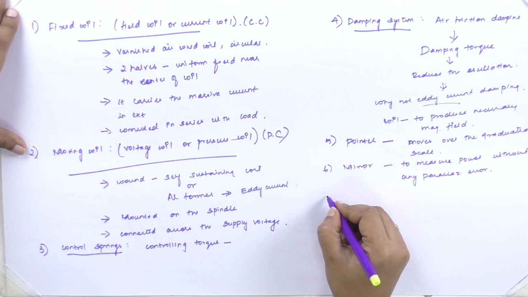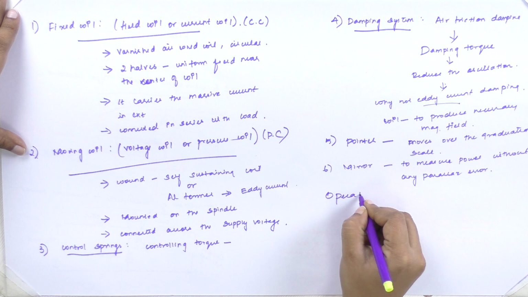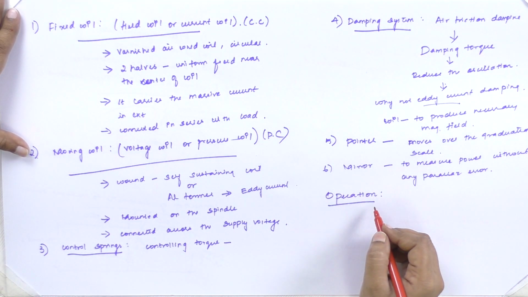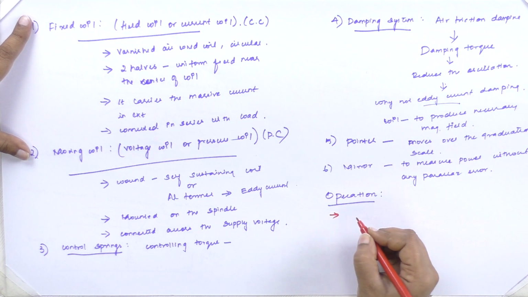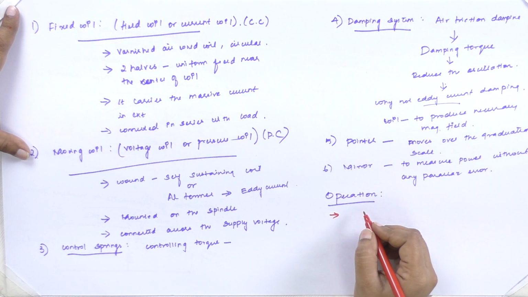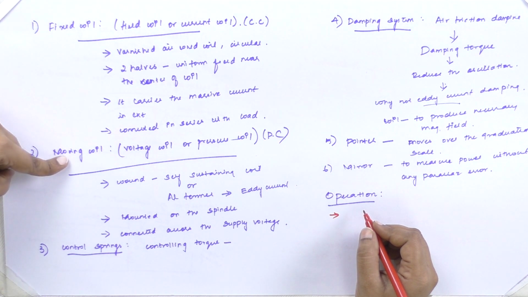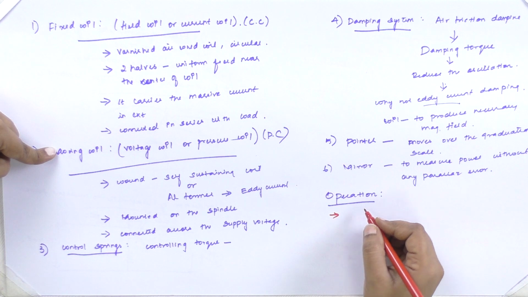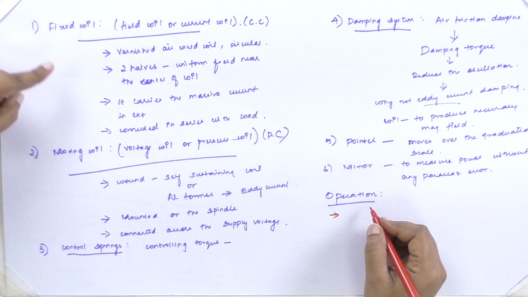Next, let us see the operation of wattmeters. What happens? We have two coils, one is the fixed coil, another one is the moving coil. When current passes through both the fixed coil and the moving coil, a magnetic field will be produced in both the coils.